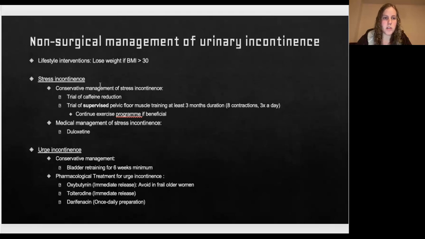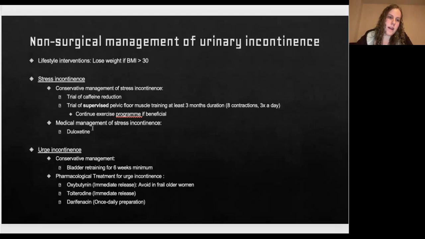But conservative management for stress incontinence is to try to reduce caffeine, and meanwhile the first line treatment is physiotherapy with pelvic floor training. To say you've properly tried that, it has to be for at least 3 months, at least 8 contractions 3 times a day. That's in the NICE guidelines, they have to have done that. But I don't know how strict that really is in real life. And then if it's beneficial, they continue with that.